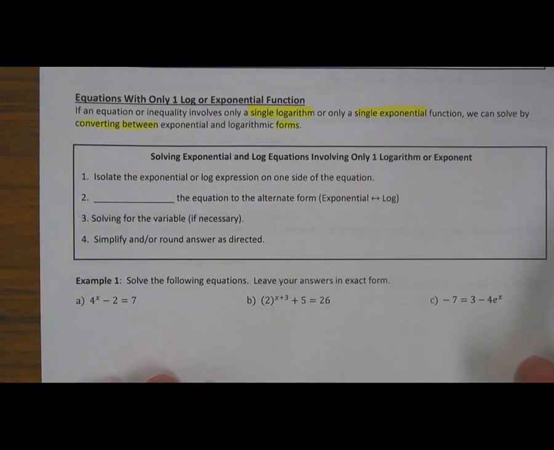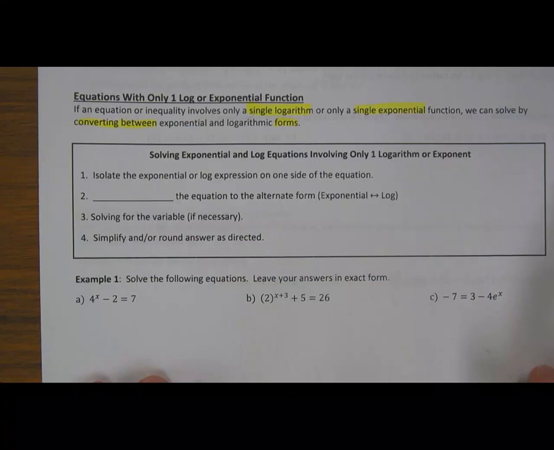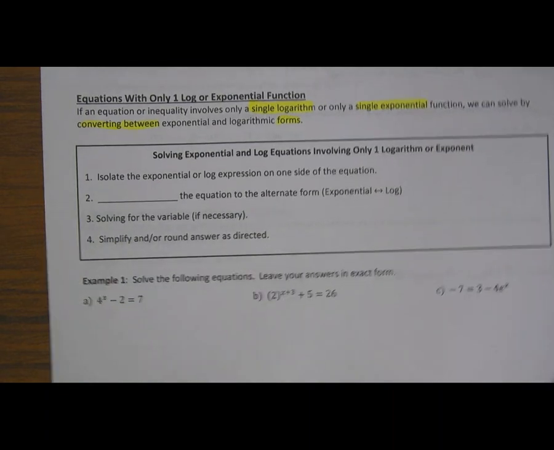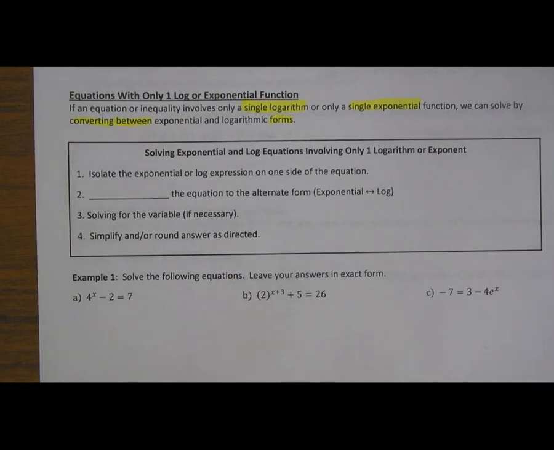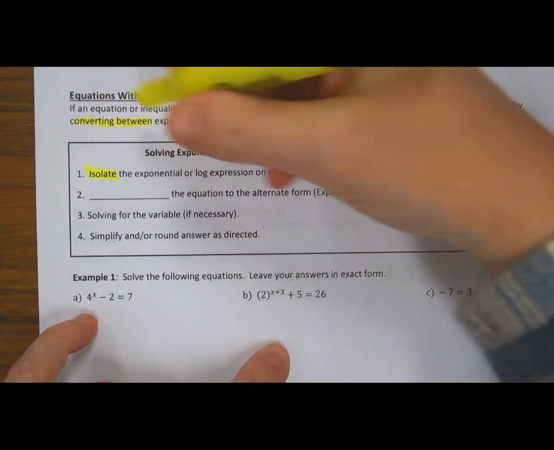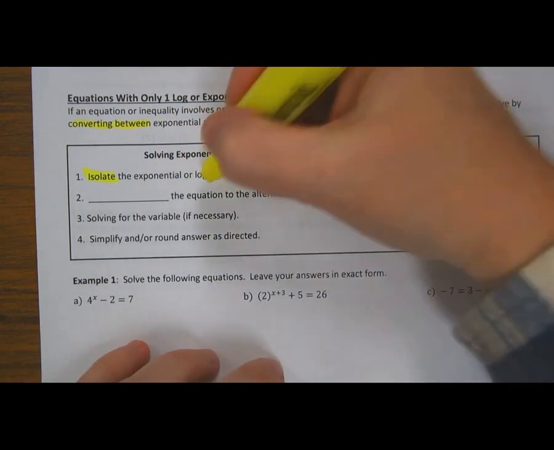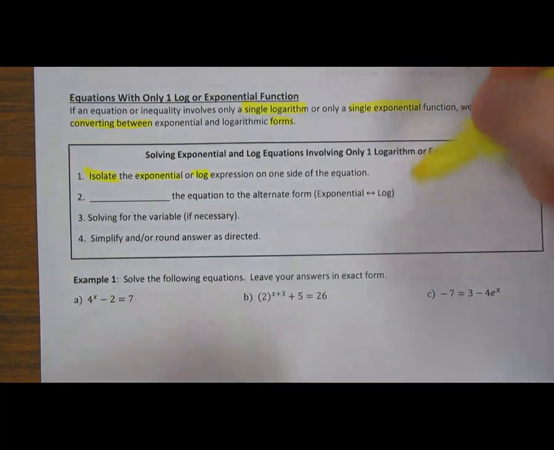So here are the steps to solve exponential and log equations that only have one log or exponential in them. The first thing you're going to do is isolate, get the log or exponential alone on one side.